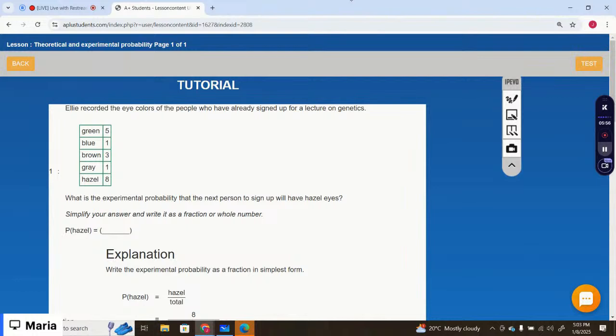Ali recorded the eye colors of the people who have already signed up for a lecture on genetics. What is the experimental probability that the next person to sign up will have hazel eyes?